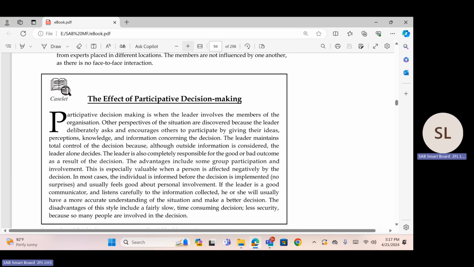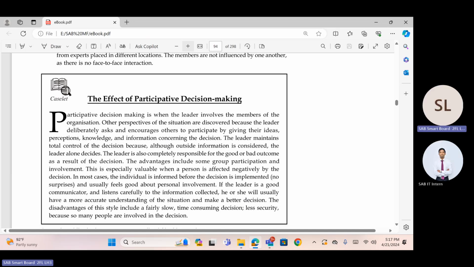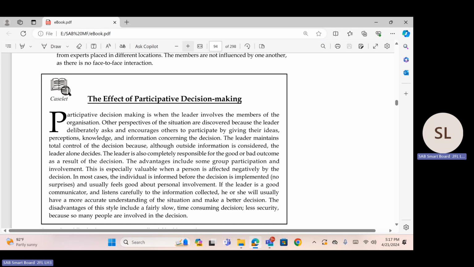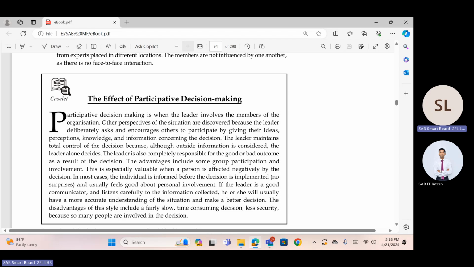Other perspectives of the situation are discovered because the leader deliberately asks and encourages others to participate by giving their ideas, perceptions, knowledge and information about the decision. We didn't see such things in place in the given case, IIT. At that time, now I think the situation would be different.